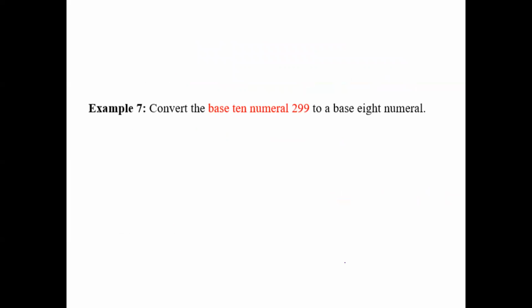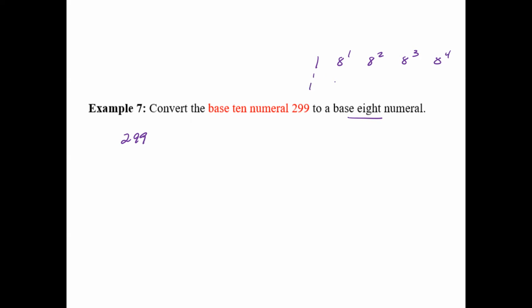All right, let's take a look at number 7. So we're going to be converting the base 10 numeral 299 to a base 8 numeral. So looking at this right here, we're going to start off with 299. My base is going to be 8, so I have 1, 8 to the 1, 8 squared, 8 to the 3rd, 8 to the 4th.